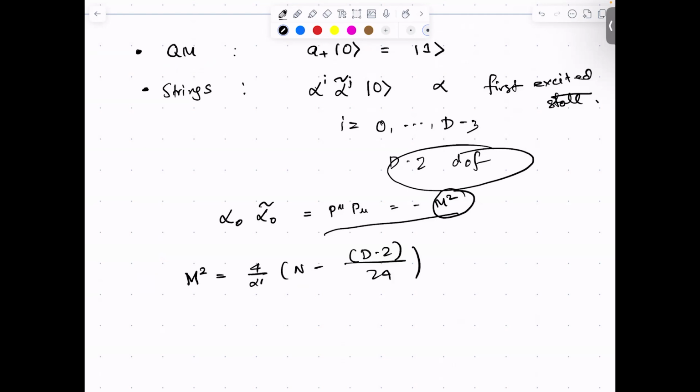So Lorentz invariance forces this first excited state to be massless. So when is this m squared 0? I'm trying to tell a story: when is this m squared 0? It's 26.